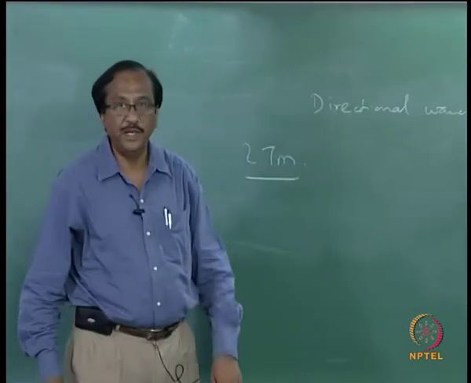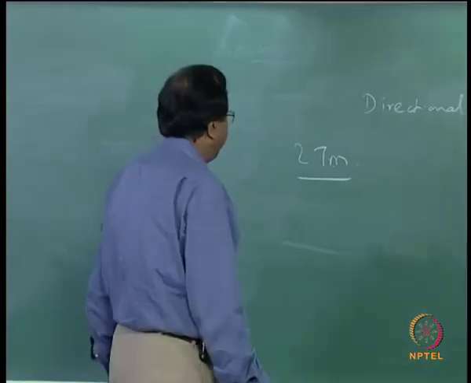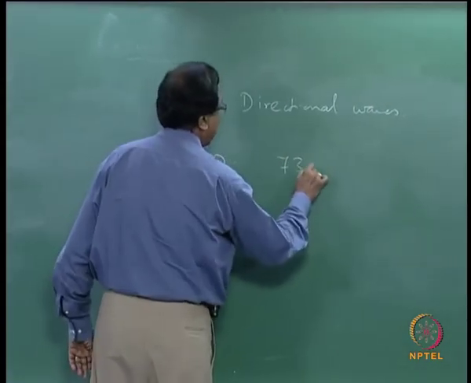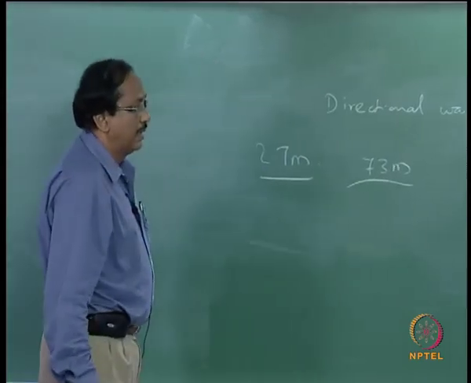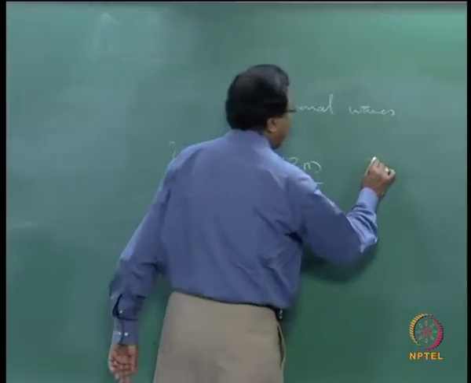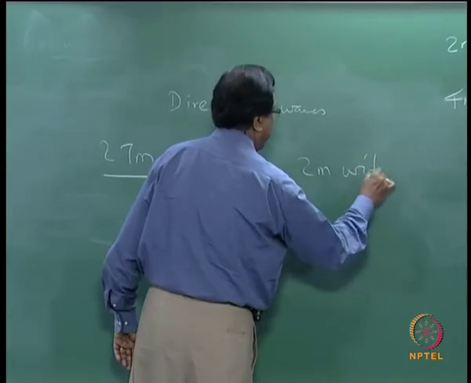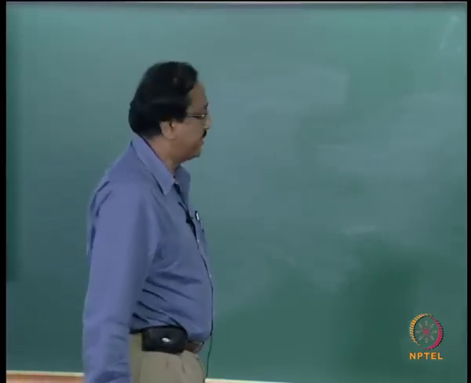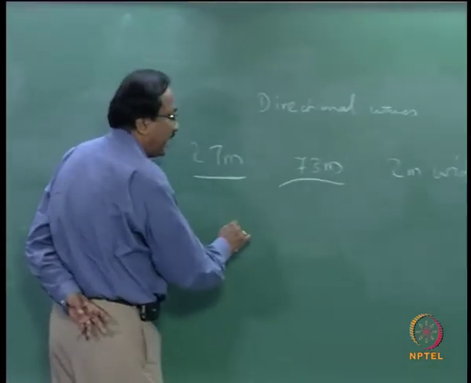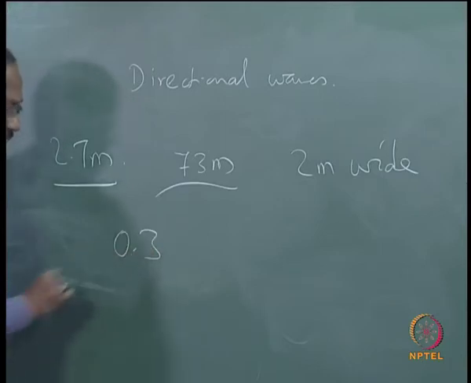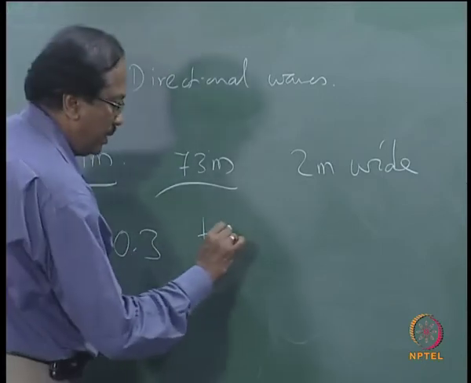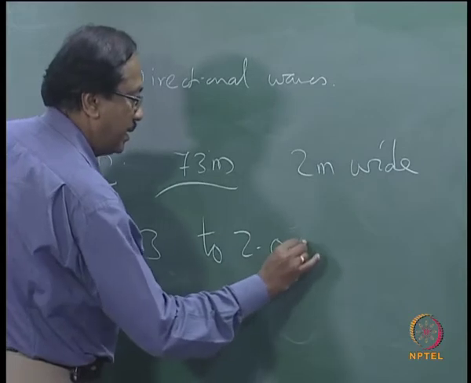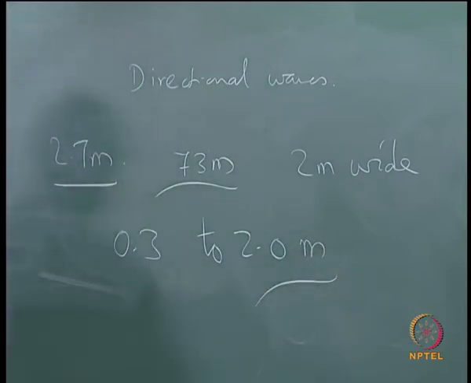Realizing this, we have a 2.7 meters deep wave flume, 73 meters long and 2 meters wide. The advantage of this is it can work for water depths varying from 0.3 to 2 meters.